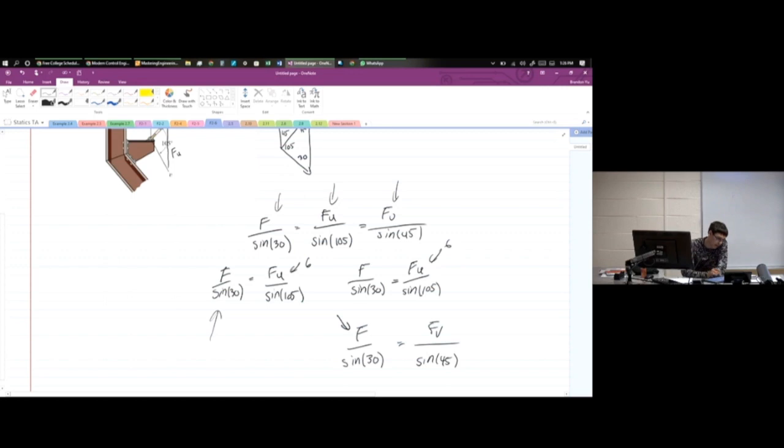So if we use a rounded value, that's going to make our answer for FV less exact. Instead, we can use FU, which we know is an exact value, and get a more precise answer. You just have to make sure you change the bottom half of it. That was helpful.